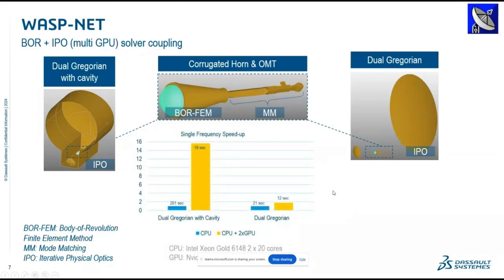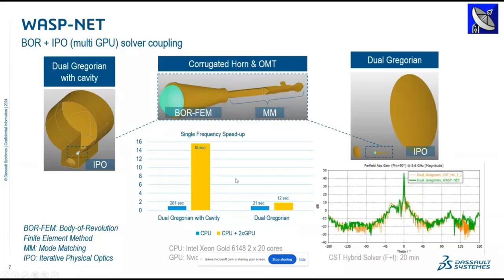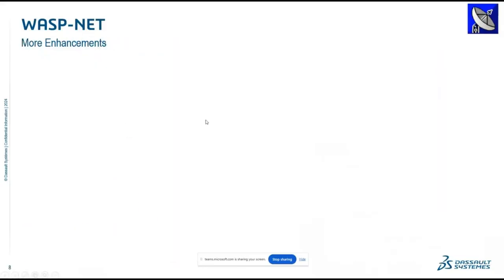We are talking about solving this entire antenna reflector system in a few seconds. You can see that you could also accelerate the simulation using GPU. It could considerably reduce the simulation time. Keep in mind that this simulation time of 18 seconds or 12 seconds is for one frequency point. So for broadband simulation, definitely you need to solve multiple frequency points. Nevertheless, compared to a full wave solver, this is a huge speed up utilizing these kinds of specialized solvers.